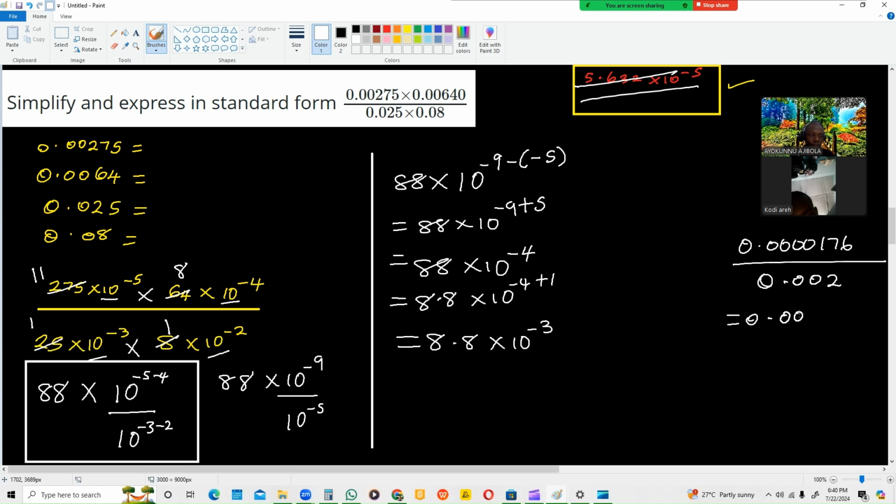Okay, 0.0088, which I can take to standard form by moving the point how many times? Three times. One, two, three. This is going to be 8.8 times 10 raised to power negative 3 because it's a small number that I've made to become a big number. Is that clear? Yes, sir. Okay, put it down.